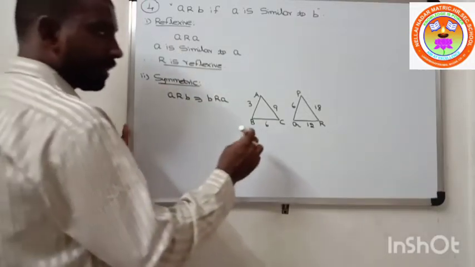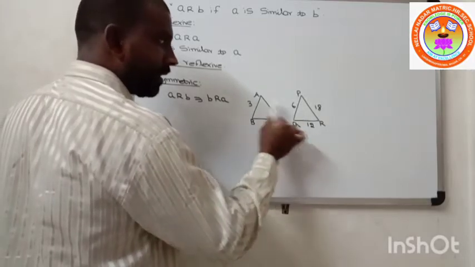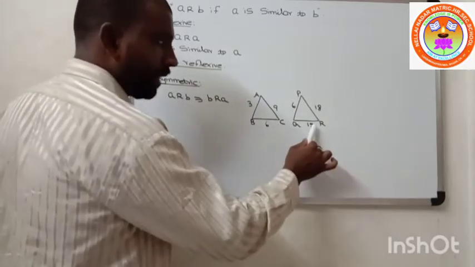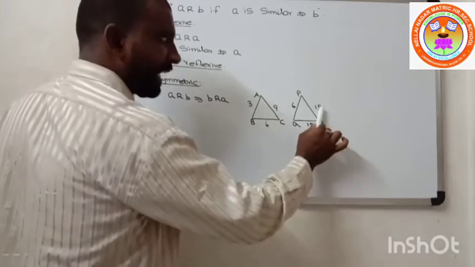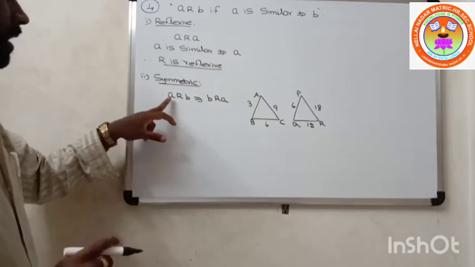So sides are proportional. 3 by 3, 6. 6 by 3, 2. 12 by 6, 2. 18 by 9, 2. So sides are proportional.